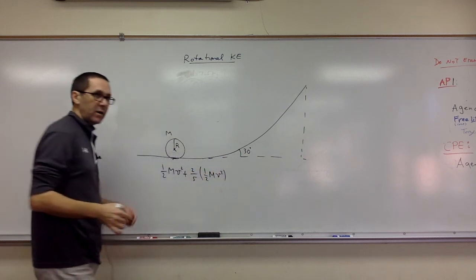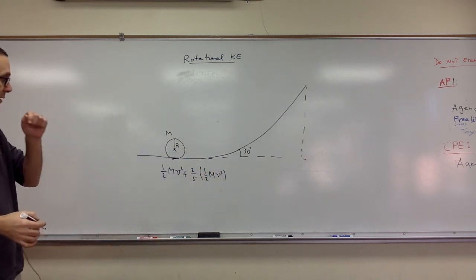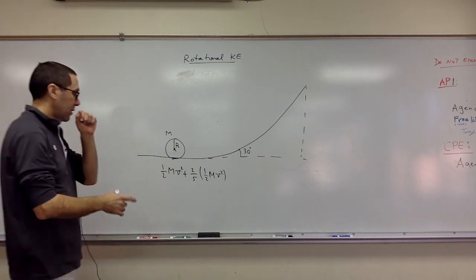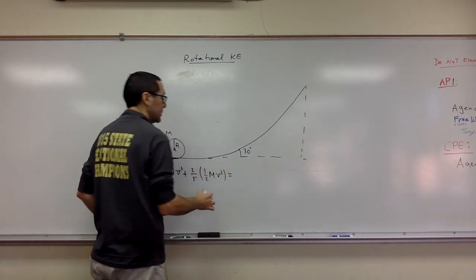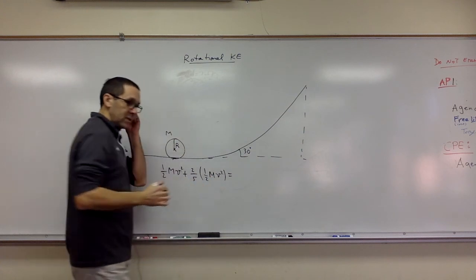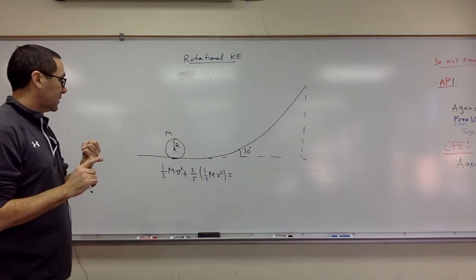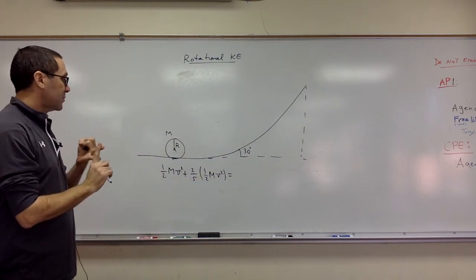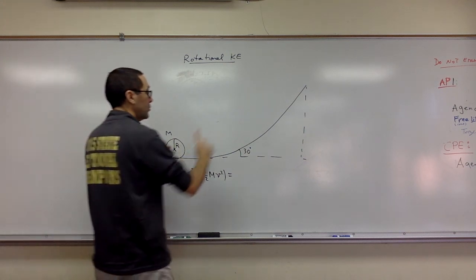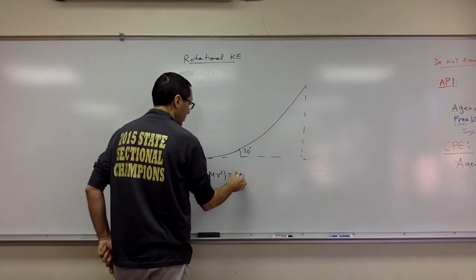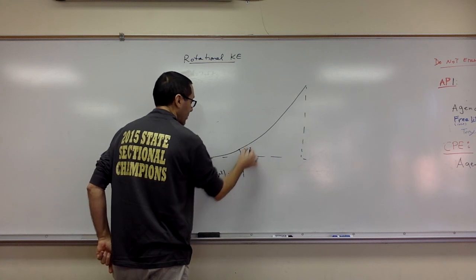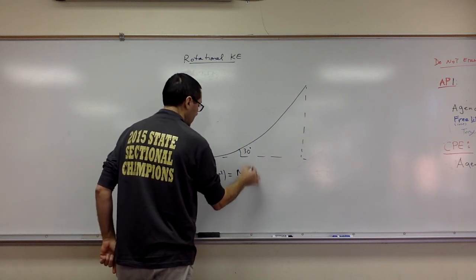You can write it as 1/2 I omega squared, but you'll find it's the same thing. Equals, when it's at the highest point, it has stopped sliding up the ramp and stopped rotating. So there is really no kinetic energy at the highest point. You only have gravitational potential energy, mgh.